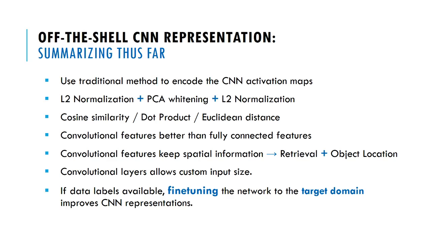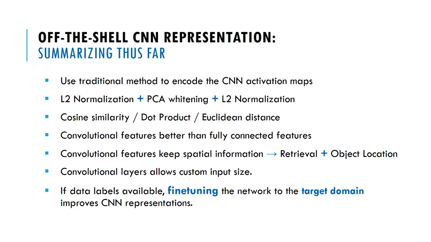You will be needing, or typically found in the literature, to apply L2 normalization, PCA whitening, which will reduce the dimension because all of the feature vectors we've talked about so far are quite large. You're going to want to reduce the dimension, and then renormalize. Again, we talked about different similarity metrics like cosine similarity, dot product, Euclidean distance, and the decision for which of these metrics you use is really, again, up to your task based on your experiments and your requirements.